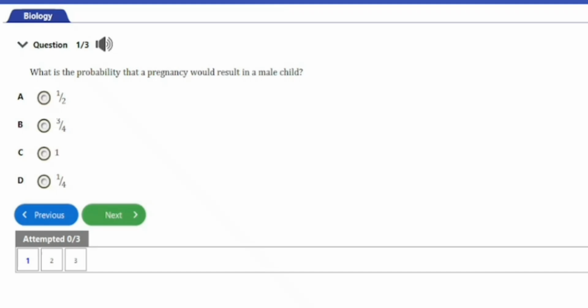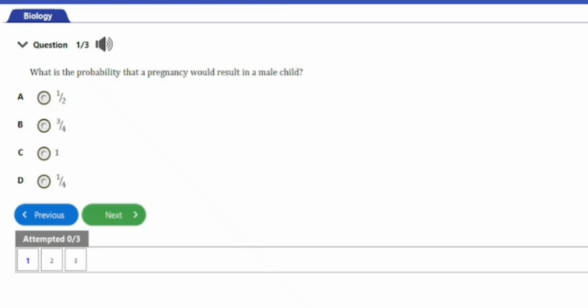In humans, the sex cells will always have the X chromosome and the Y chromosome for the male, whereas it's X and X for the female.